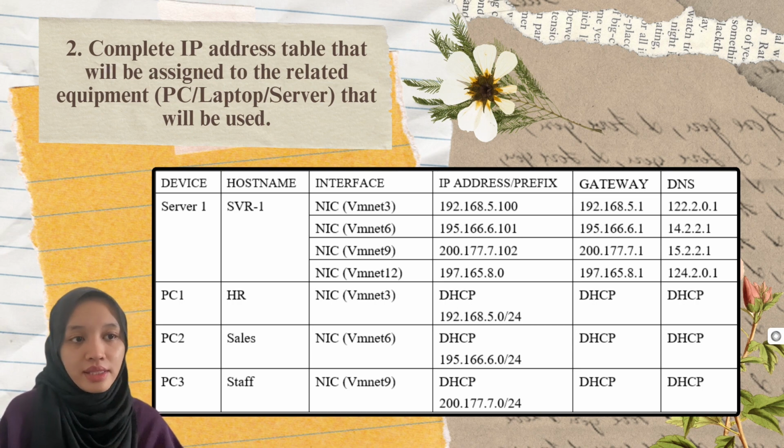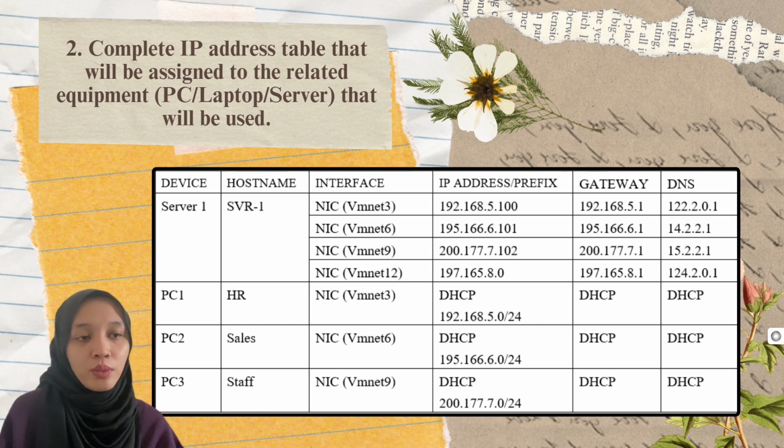For VMnet 6, the IP address is 195.166.6.101, the gateway is 195.166.6.1 and the DNS is 114.2.2.1. For interface VMnet 9, the IP address is 200.177.7.102, the gateway is 200.177.7.1.